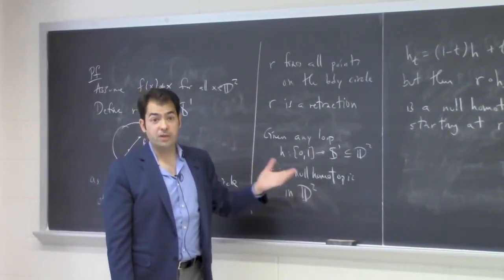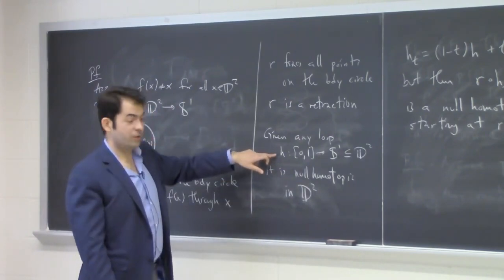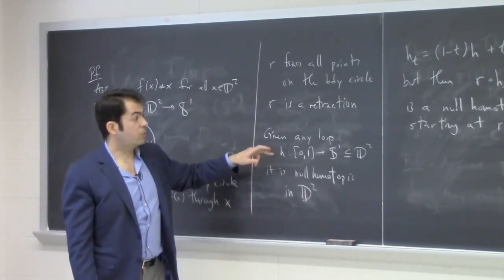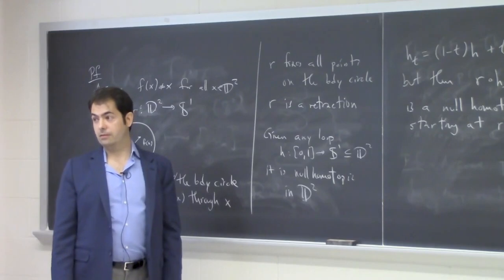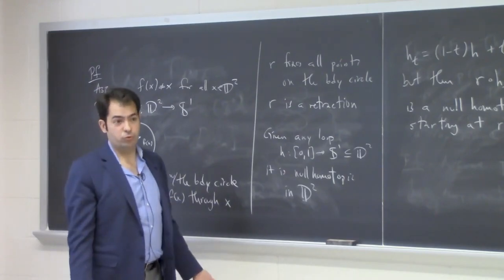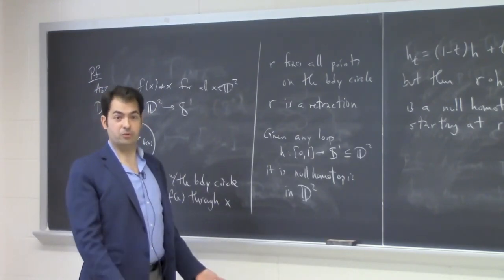Right? So what we've done is we've taken an arbitrary loop on the circle, and we've shown that it's null homotopic. Right? But that's not true, because the fundamental group is not trivial.